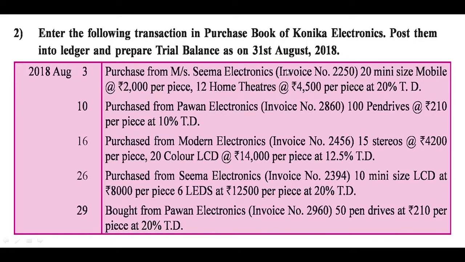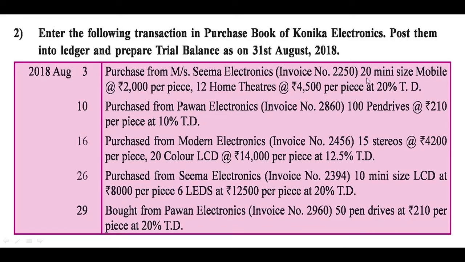Seema Electronics, invoice number 2250, 20 mini size mobile at the rate of rupees 2000 per piece, and 12 home theatres at the rate of rupees 4500 per piece at 20% trade discount.